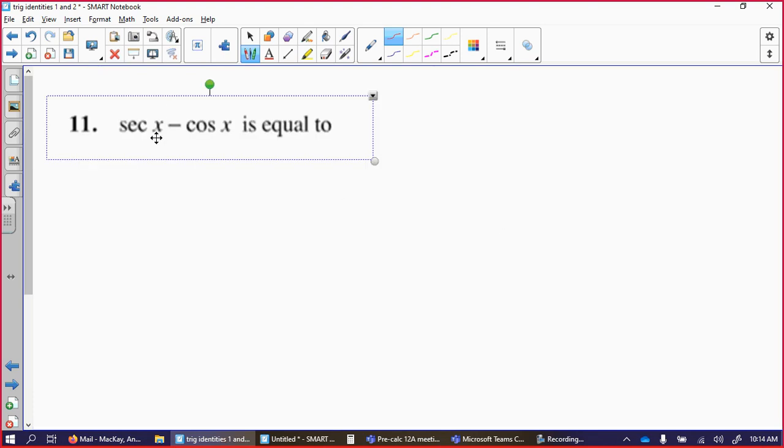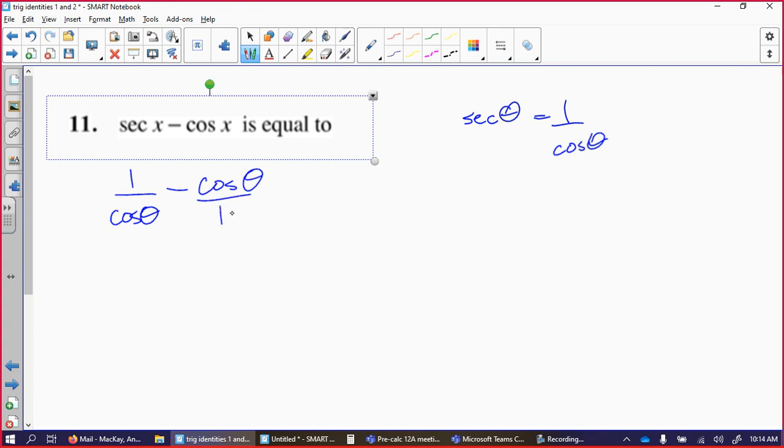Well, subtract, this makes things a little bit more difficult, but secant, well, this one doesn't really matter. Secant of theta is 1 over cos theta. So 1 over cos theta minus cos theta over 1.